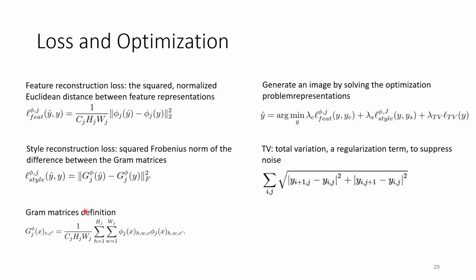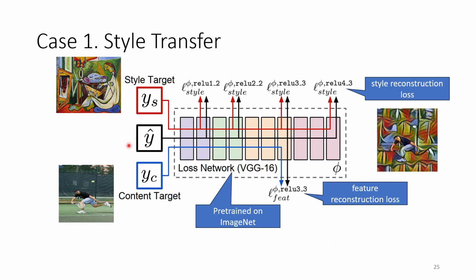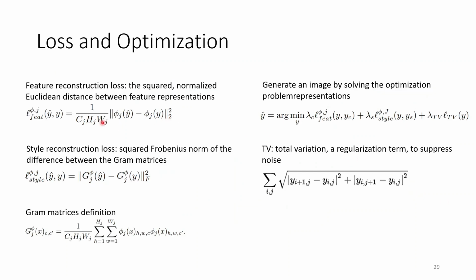Therefore, they define some losses. This is the feature reconstruction loss. They choose ReLU 3_3 to compute the feature reconstruction loss.